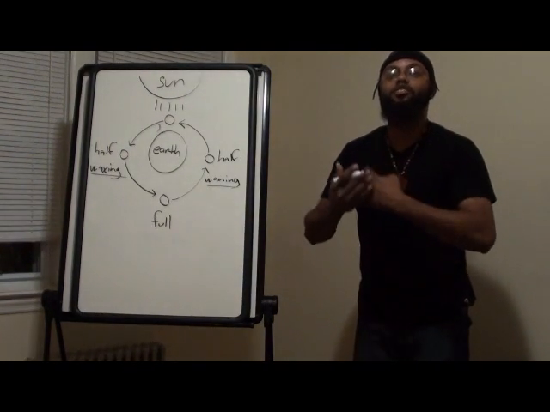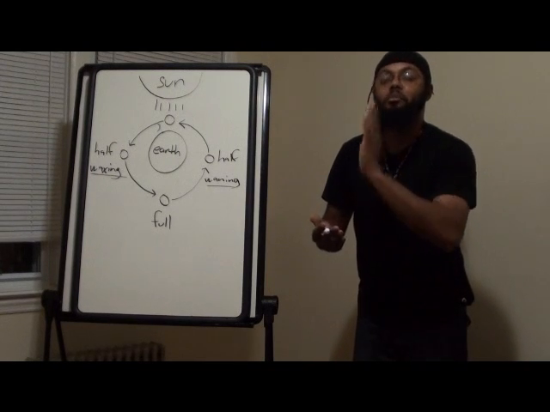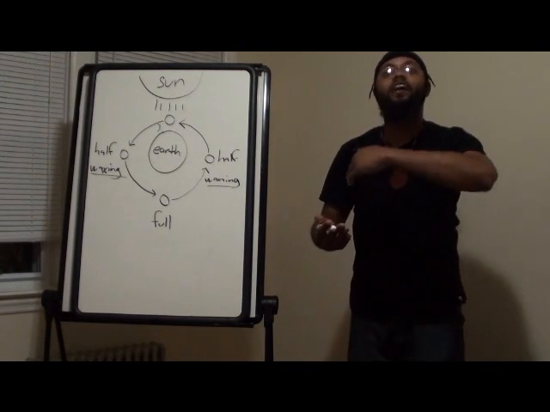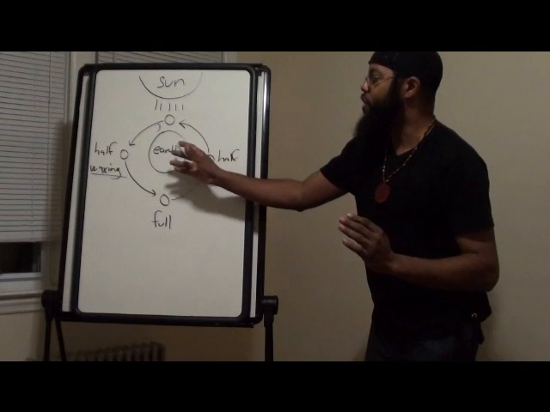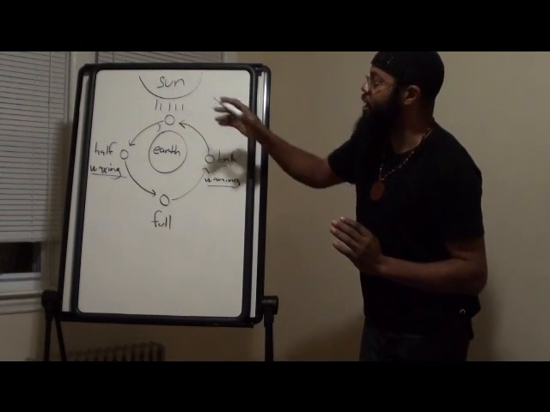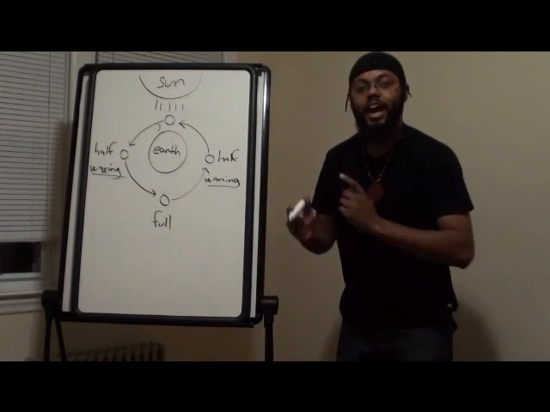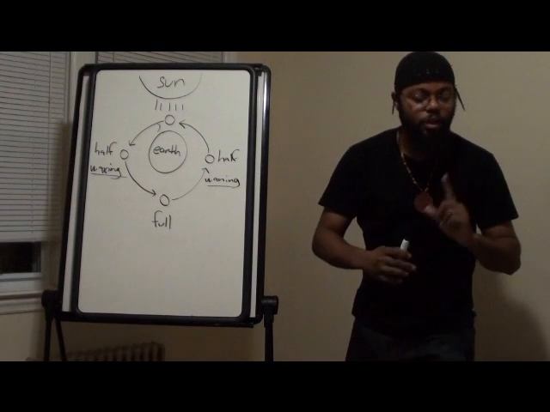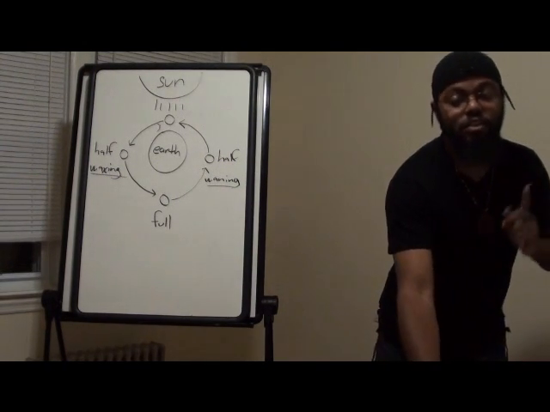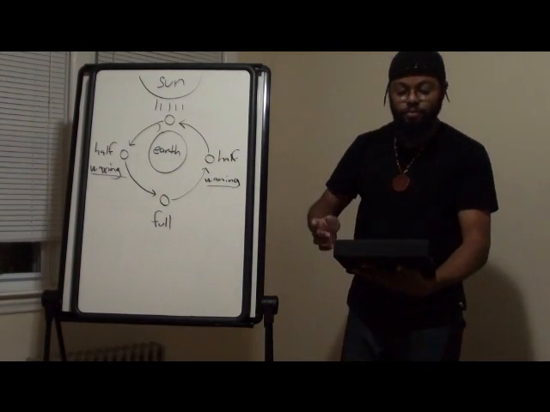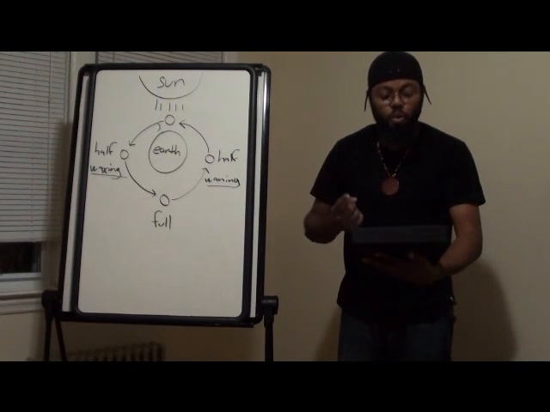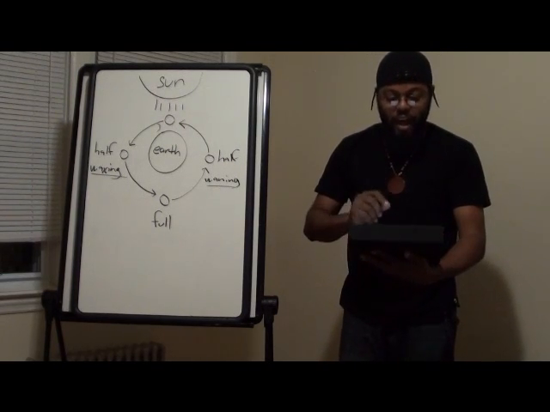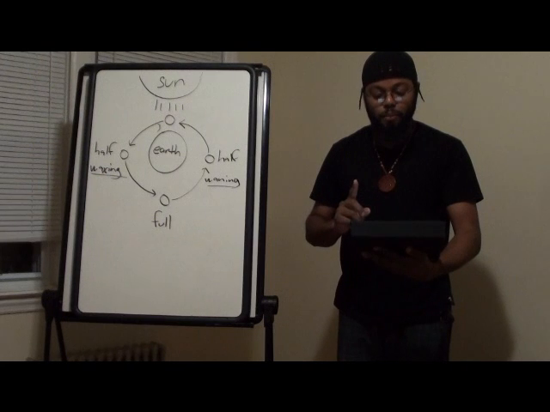We see this process month after month after month as we do the earth going around the sun and the earth spinning on its axis. This is the way that the Most High has designated we determine time. Now, again, the moon orbits the earth as the earth orbits the sun.